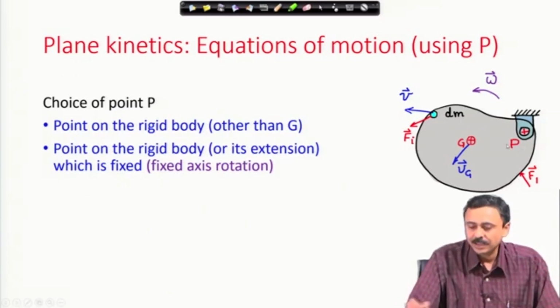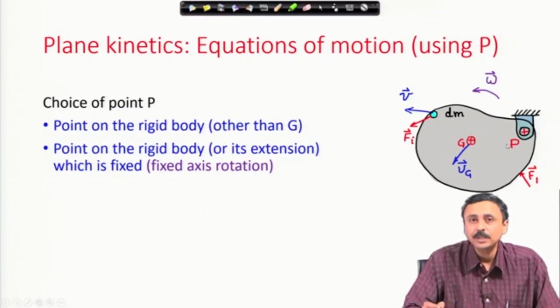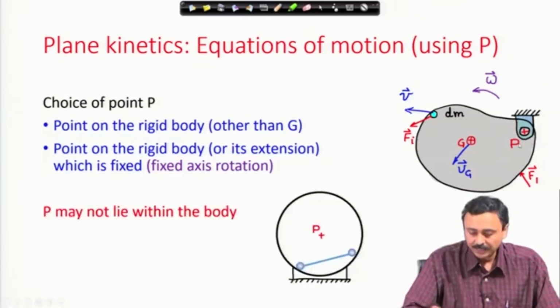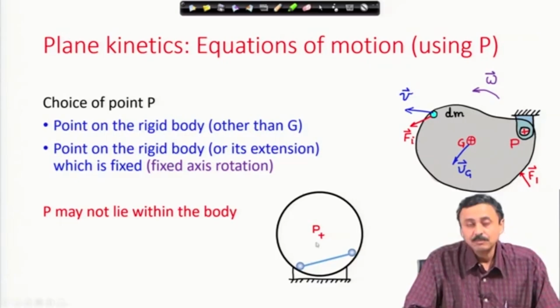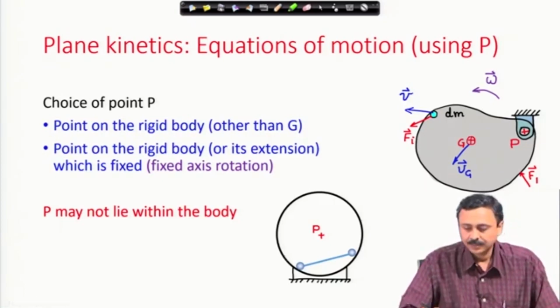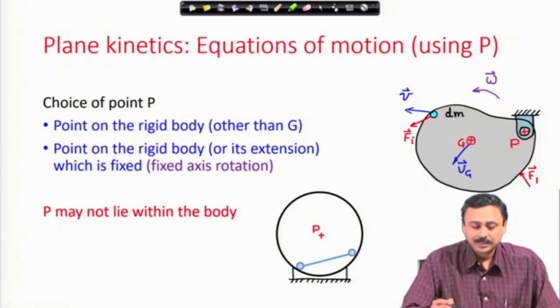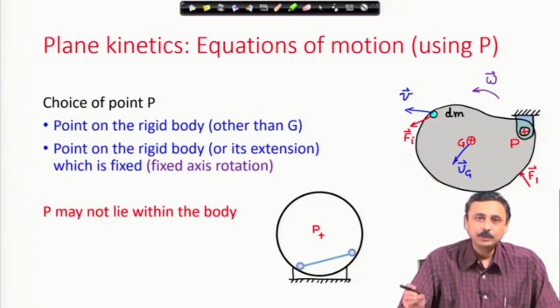For example, here I have shown in the figure, this point P is fixed, but this is a point which belongs to the rigid body. There can be examples where P can be fixed, but need not belong to the rigid body, but to an extension of that rigid body. We have these two cases, that means point P which is a point on the rigid body, not the center of mass, and a point P which belongs to the body or its extension, but which is fixed.